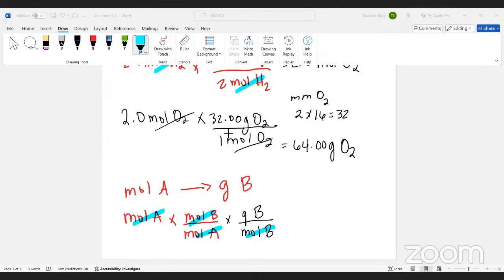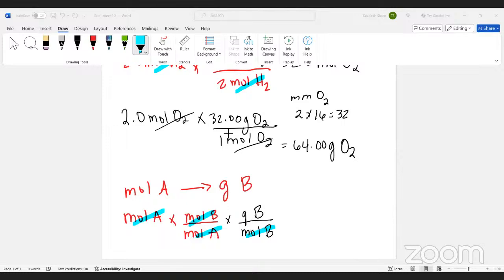The first compound that I'm going to focus on is iron, and I'm going to compare that to iron 3 oxide. So I'm focusing on iron and iron 3 oxide. They told us 2.0 moles of that. Take the number that they start off with, 2.0 moles of iron, times.